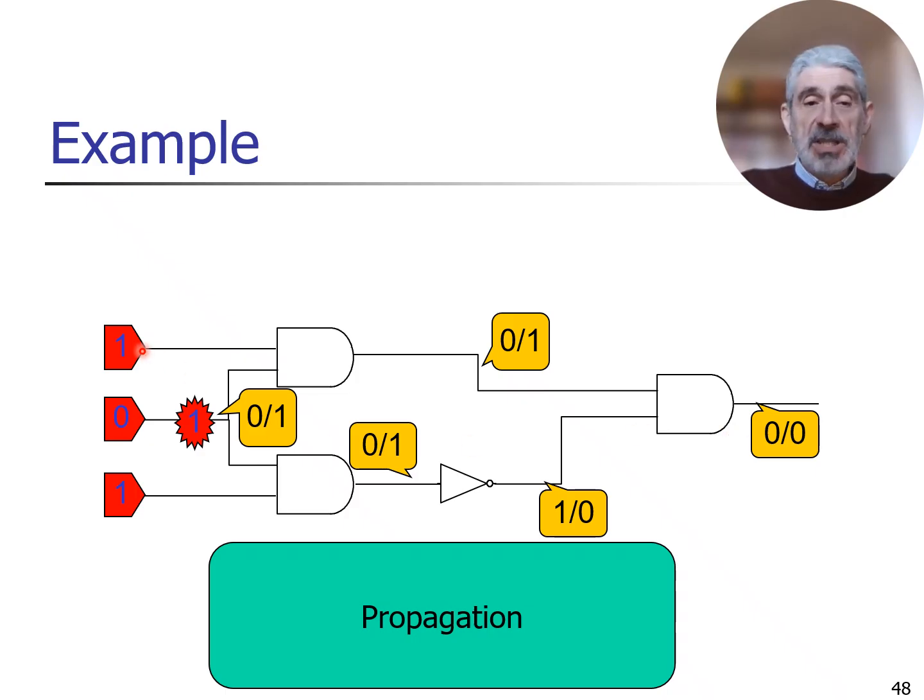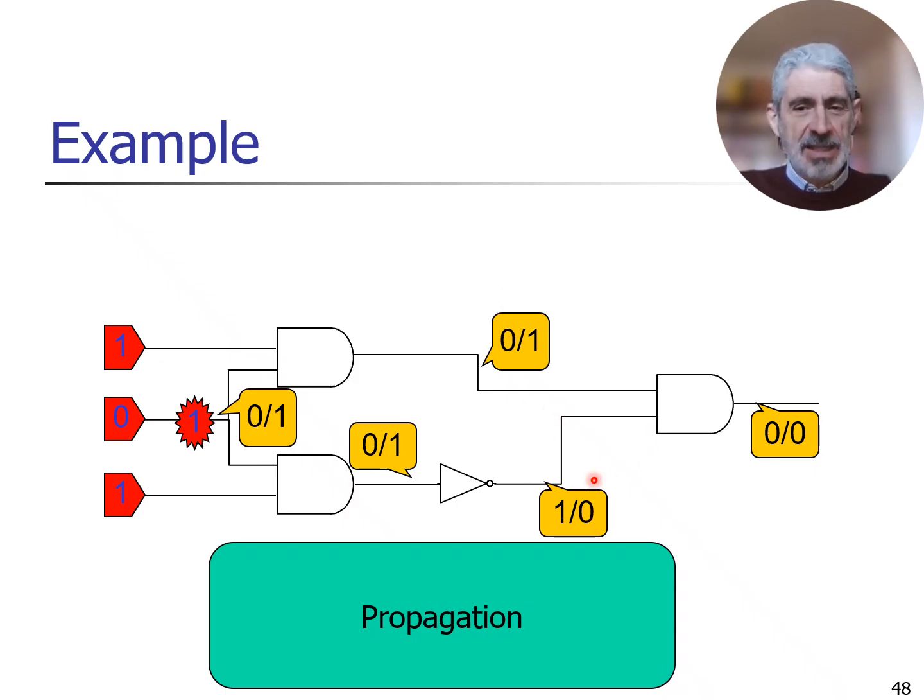For this purpose, it is enough to place a 1 on the upper input line and a 1 on the lower input line. This allows the error to propagate through the upper path, so a 0 in the good circuit and a 1 in the faulty one will appear on the upper input of the final AND, and through the lower path, a 1 will appear on the lower input of the final AND in the good circuit and a 0 in the faulty circuit.